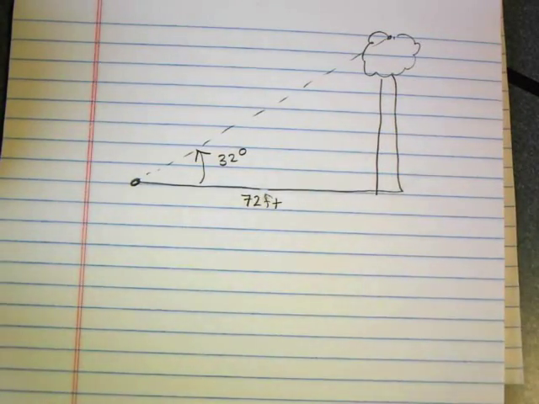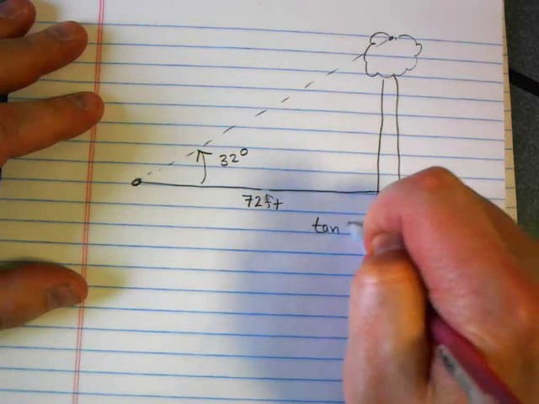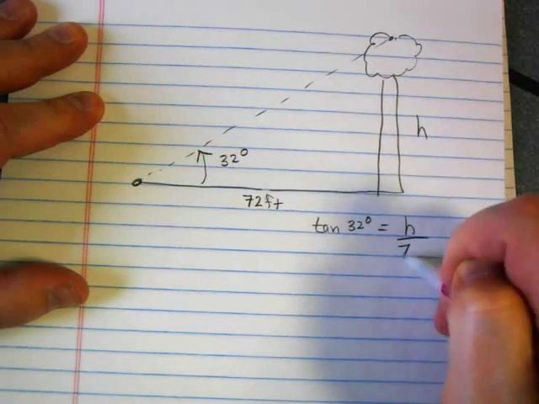So what do I solve? What function did I use? Tangent of 32 degrees was h over 72.